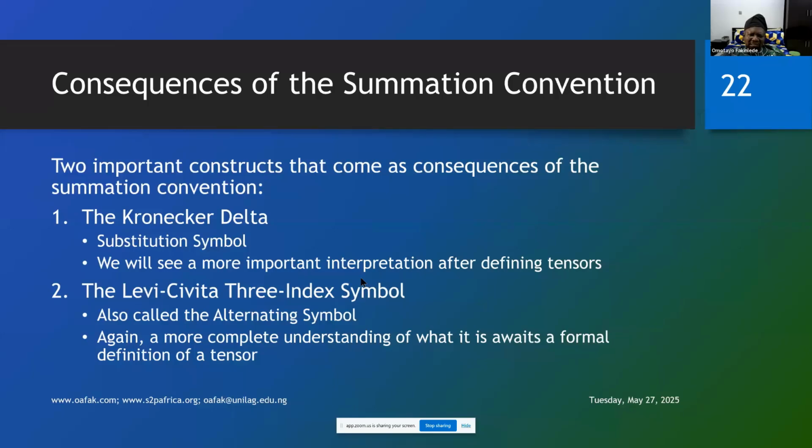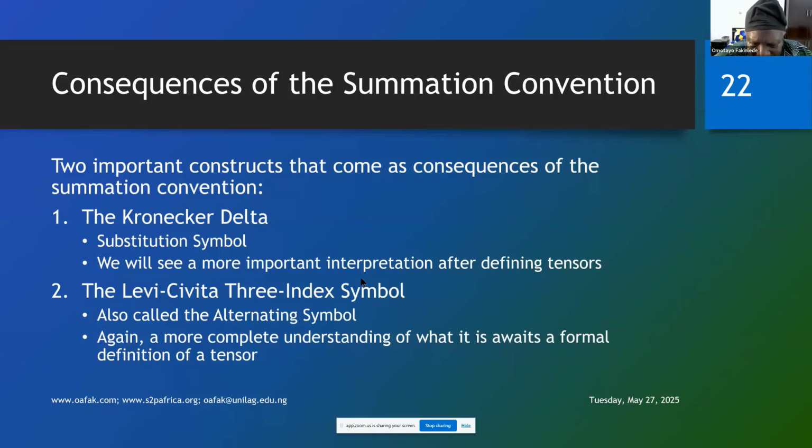Again, a more complete understanding of what it is awaits a formal definition of a tensor. But right now, we're going to take these two things as just index constructs. They're just things that have indices, and they have specific interpretations depending on the way the indices are arranged. So it is how the indices look that determines the interpretation of these things.